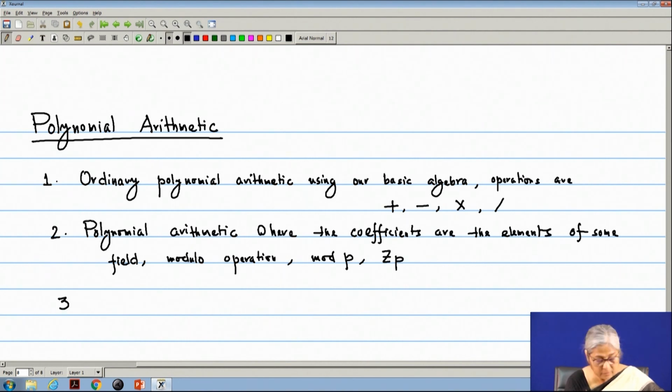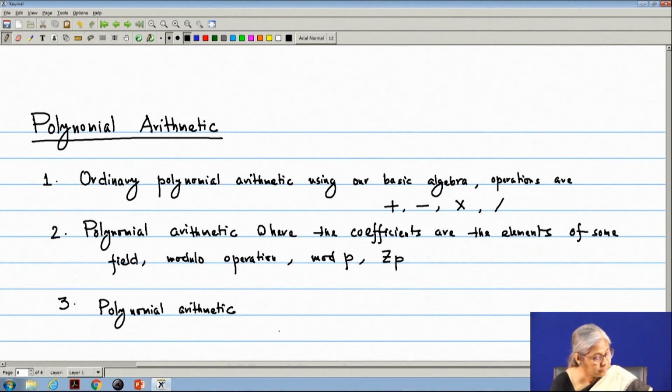Then another thing, we will read is again polynomial arithmetic. It is defined that the operations are modular polynomial arithmetic, better I write, because the operations are on modulo m(x).